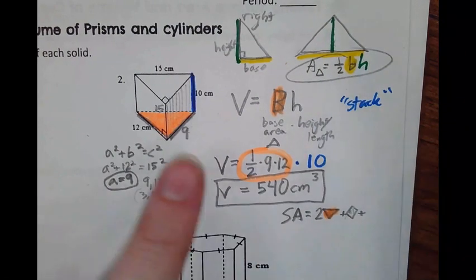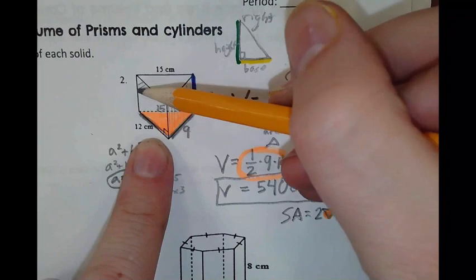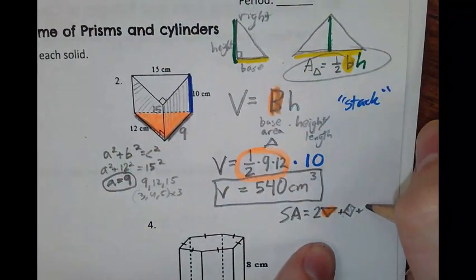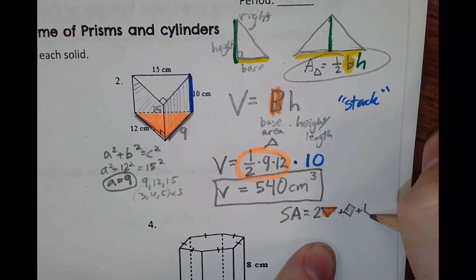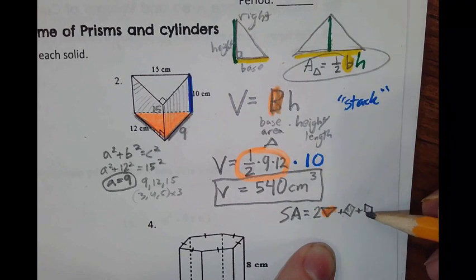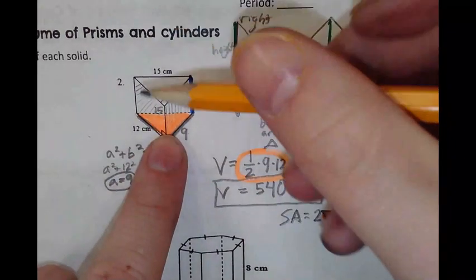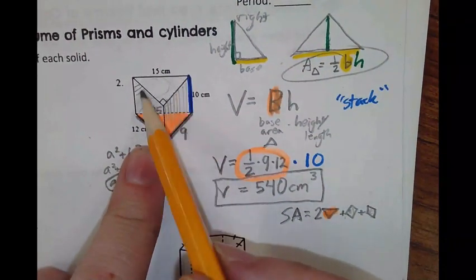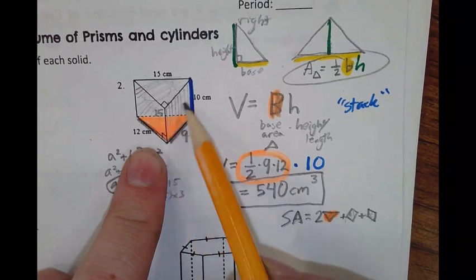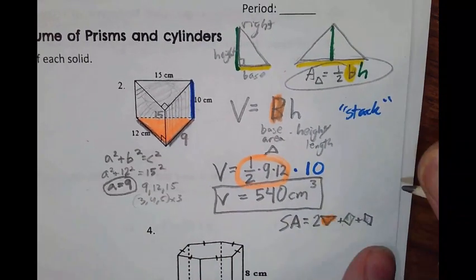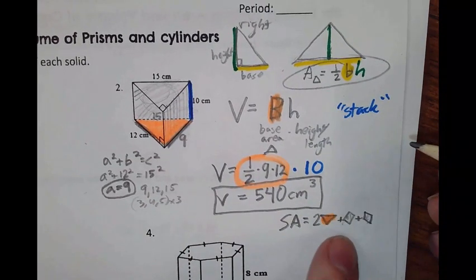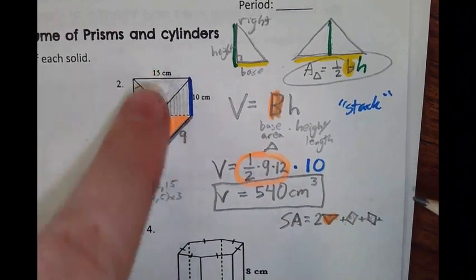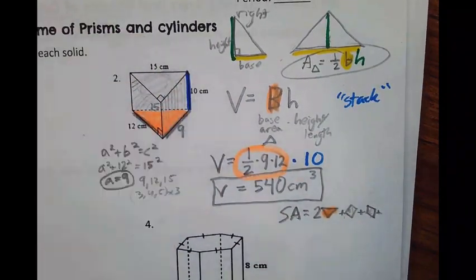We also have a rectangle here on the left side visually of that shape. And we also have a rectangle there in the back. So the area is going to be of not only two triangles on the top and bottom, but the three rectangles around it.